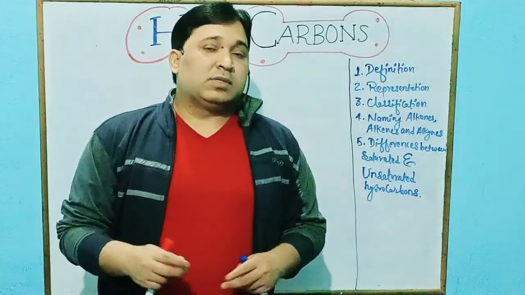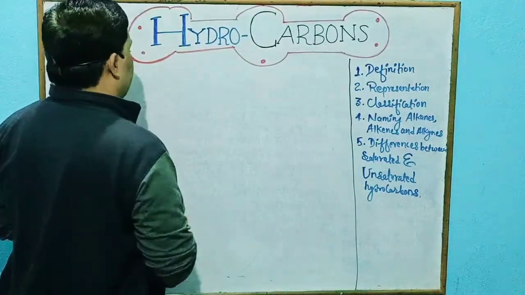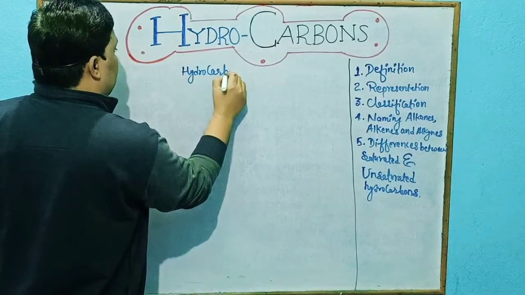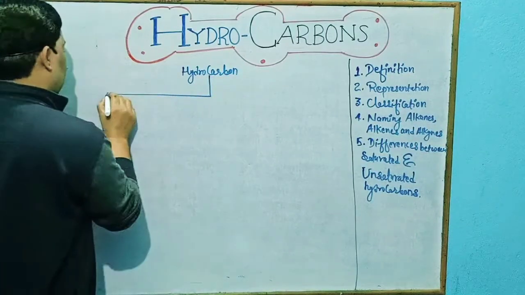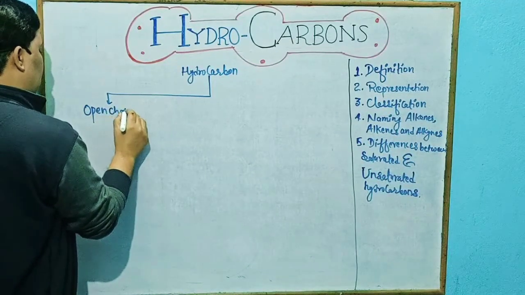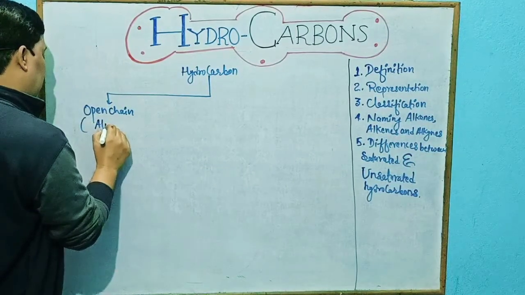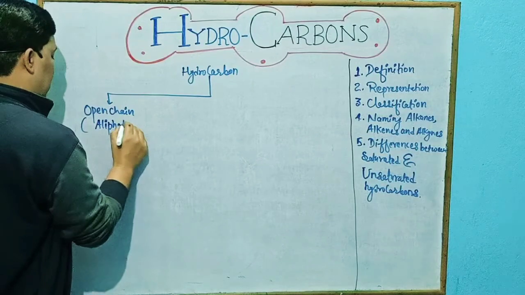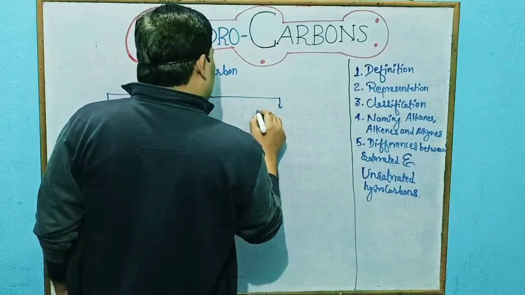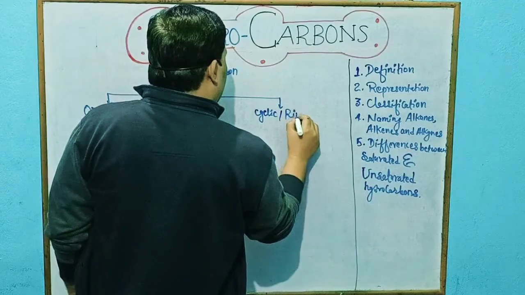So champions, we are going to discuss the classification of hydrocarbons. So hydrocarbons are classified as open chain, which is also known as aliphatic, as well as closed, cyclic or ring.